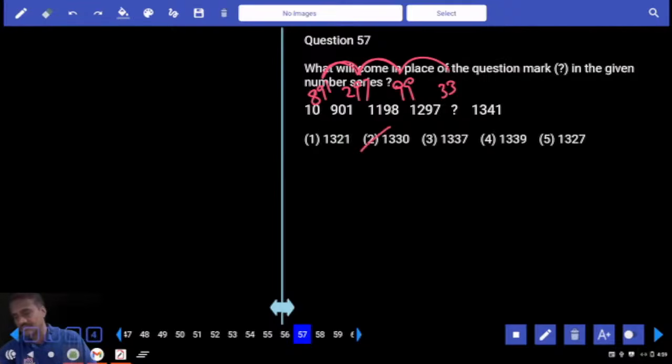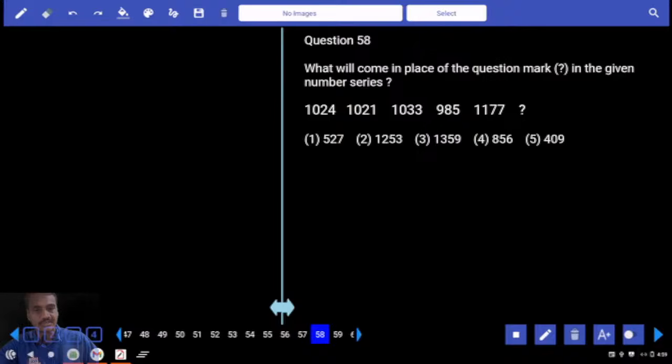Choice 2 for 57. Then 58. Now in this 58, 1024 and 21, difference is so much, minus 21. And 33 difference is so much, plus 12. And next one 33 and 985, minus 38. 33 and this one 40, 85, into 48, 10 more.